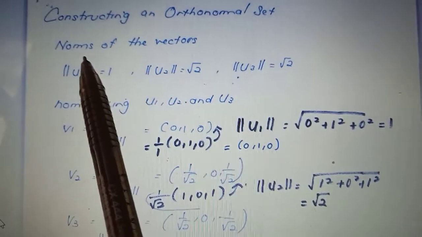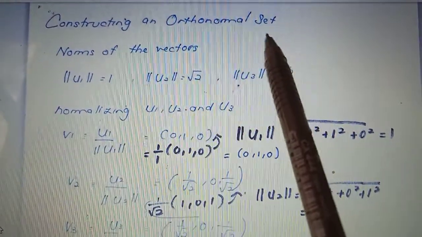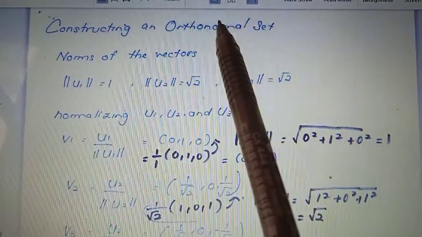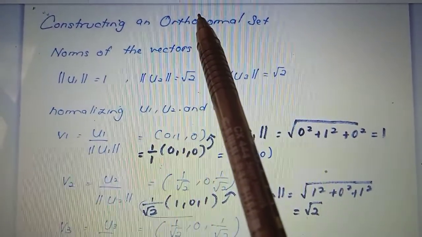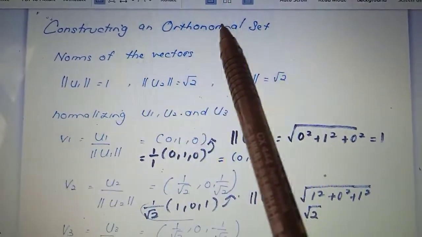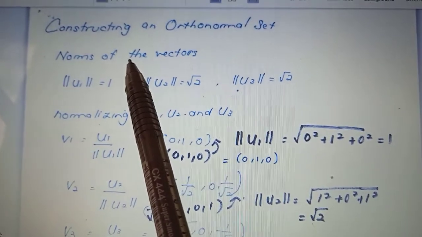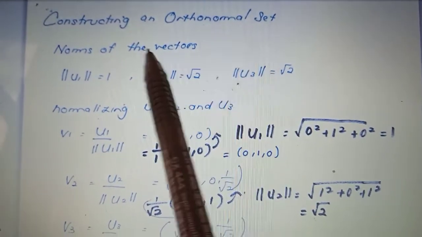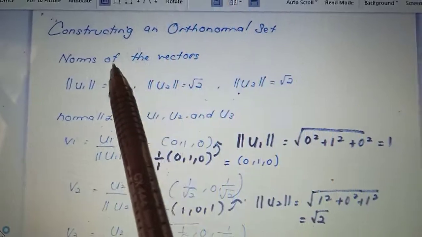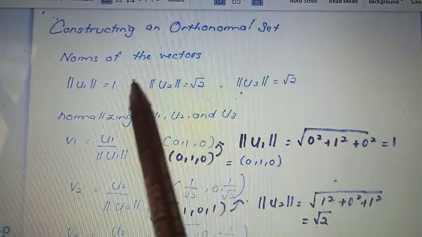Next, constructing an orthonormal set. Earlier we constructed a set of orthogonal vectors, and now we want to get orthonormal vectors. In order to get the orthonormal set, first we need to get the norm of each vector.